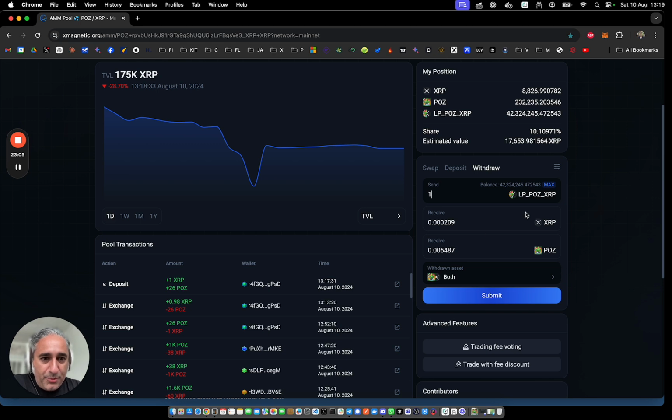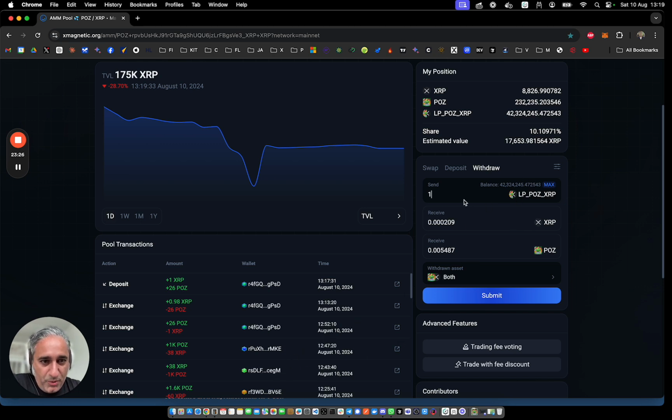Likewise, if you were to do a single-sided withdrawal of POS, you're depleting the POS supply, and thereby you're making the AMM balancing algorithm and the exchange rate incentivize arbitrageurs to put more POS back into the pool to replenish the supply of POS.